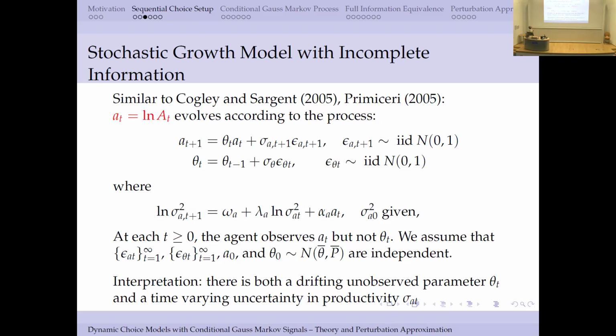So it has a time-varying volatility. And we'll assume that this volatility is of the GARCH type. So we're not going to go with the stochastic volatility specification, which is actually the specification used in these two papers, but rather we're going to go with the GARCH type volatility. I will explain why a little bit later when we define the general class of models.